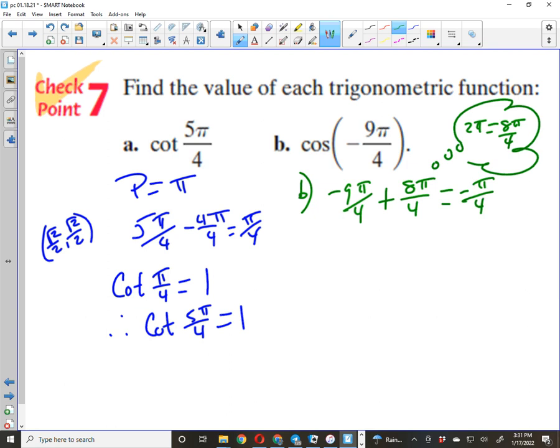Those are periodic because they're within plus or minus 2 pi of each other. I should be able to find the cosine of negative pi over 4. If you look at your unit circle rotating in a negative direction, your cosine at pi over 4 is going to equal root 2 over 2. Therefore, the cosine of negative 9 pi over 4 is also equal to root 2 over 2.